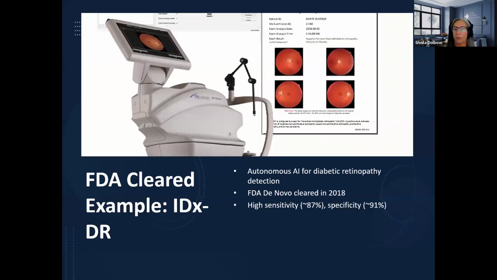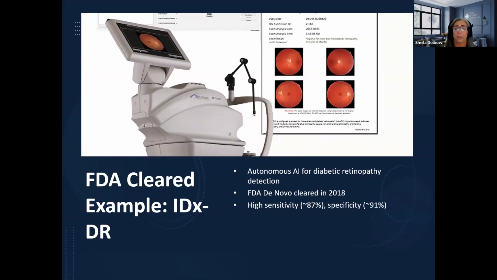We have devices for eye care. The IDX-DR, it's under a different name now, but this is an autonomous AI tool to help detect diabetic retinopathy. You used to have to go to the eye doctor and go through the whole eye dilation where you can't see anything for hours afterwards, and you have to wear those really big dark sunglasses and things like that.